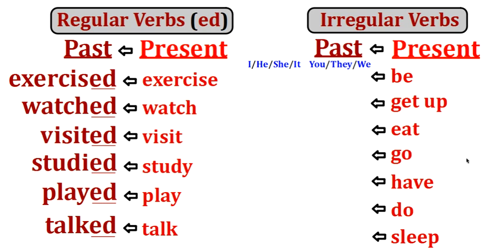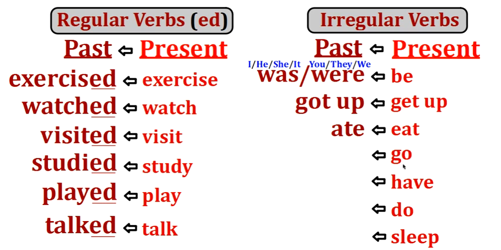Okay, for the test, do you remember the past tense? For be, we use was and were. Get up, got up. Eat in the past, ate. Go in the past, went.